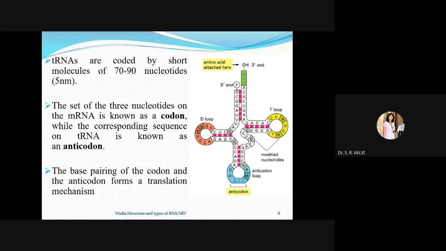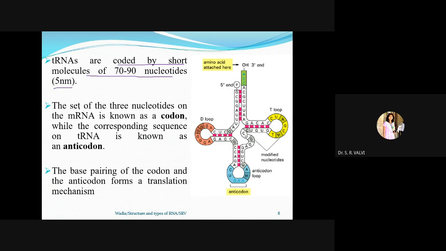Now, tRNA is coded by short molecules of 70 to 90 nucleotides, about 5 nanometers in length. If you count the length, you will get it, it's about 5 nanometers, or in nucleotides about 70 to 90 nucleotides.